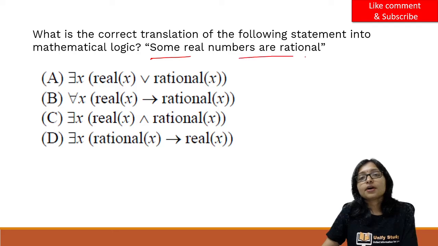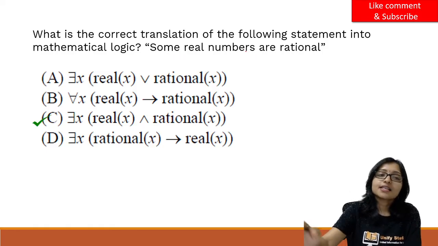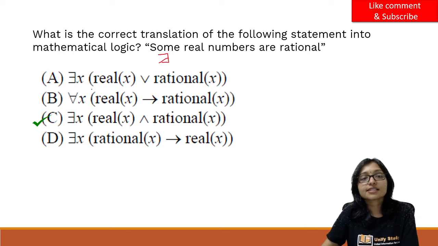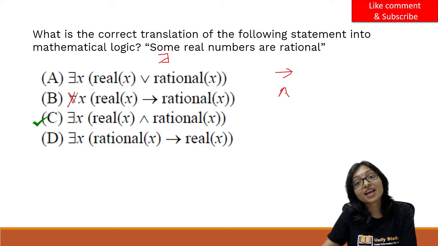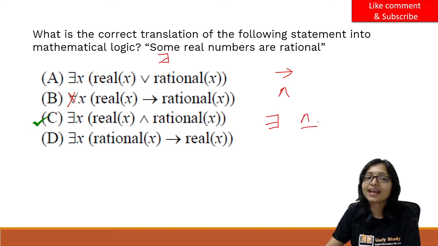Some real numbers are rational. How to do? Some real numbers are rational. Some means there exists. It cannot be for all. Now, should I apply implication or and? I told that with there exists, we should apply and.